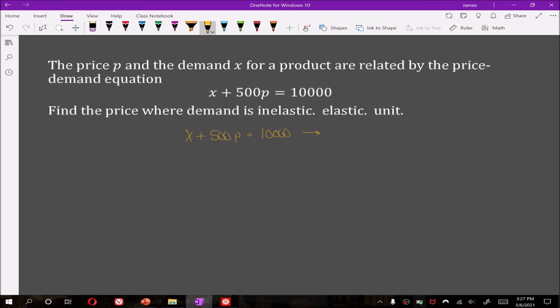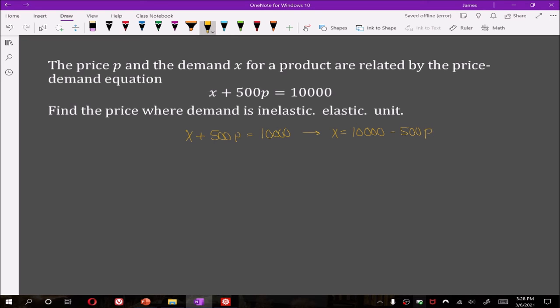This would mean that 500p is 10,000 minus x. Oh, I'm sorry, we have to write this as a function of p. I'm solving for p. I don't want to do that. I want to solve for x. X is 10,000 minus 500p.